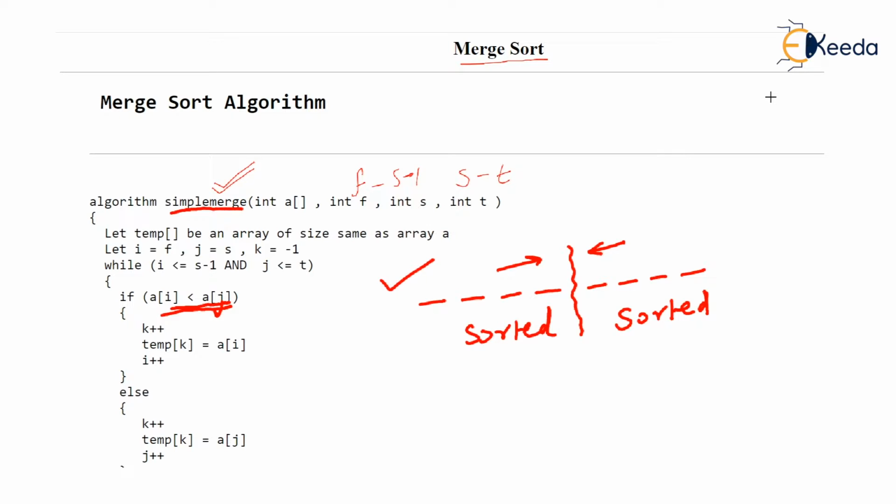What we did in the simple merge is that we took the first element, let's call it the ith element, and compared it with the first element of the right partition, let's call it the jth element. Whichever was lesser between ai and aj was copied into the temp array.